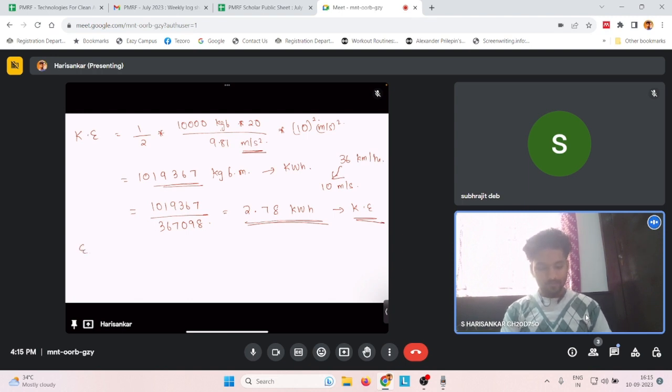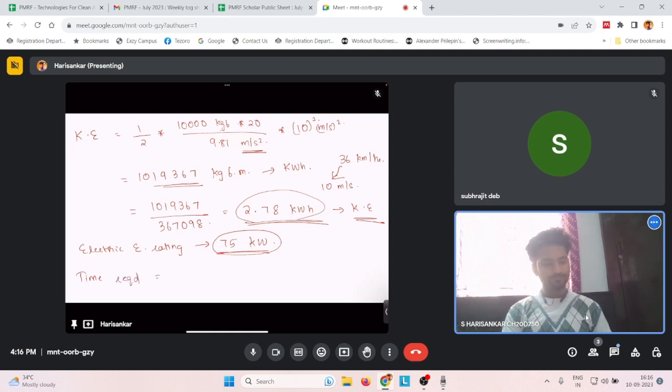Okay, so we have the kinetic energy here. The electric energy rating of the power plant that they have mentioned is what? 75 kilowatt. So how do we find the time required by the 75 kilowatt plant to produce this 2.78 kilowatt hour energy?